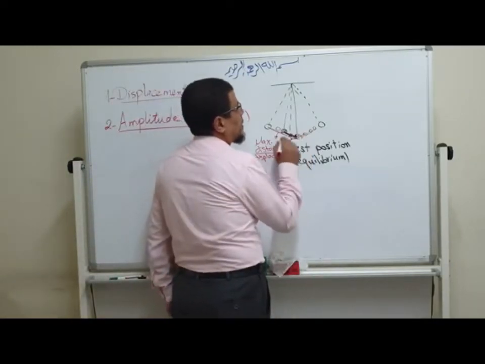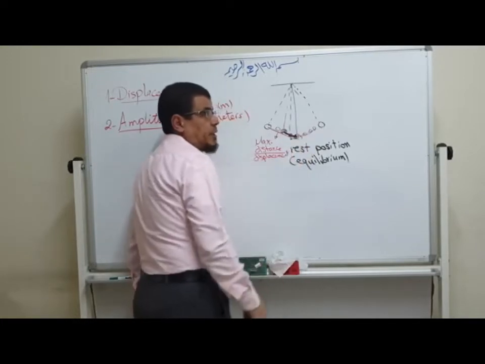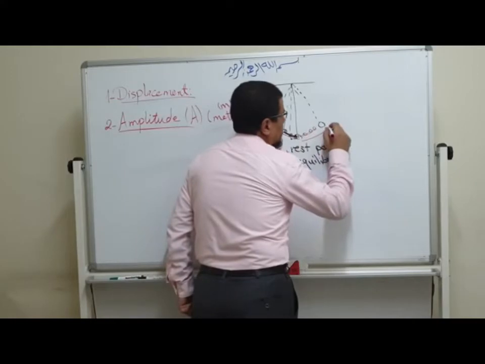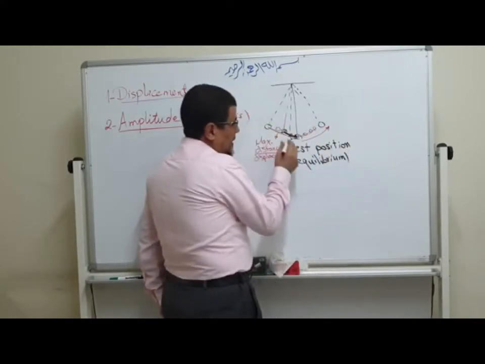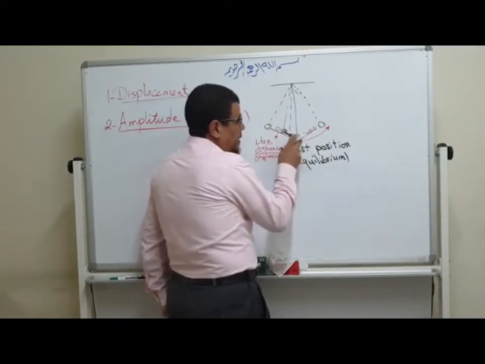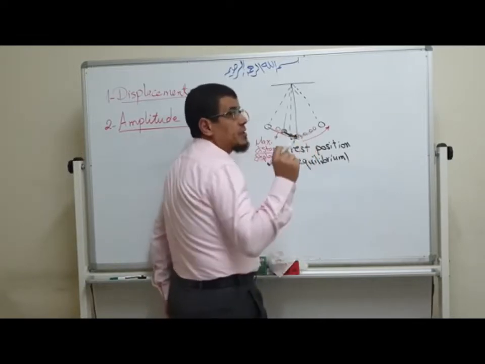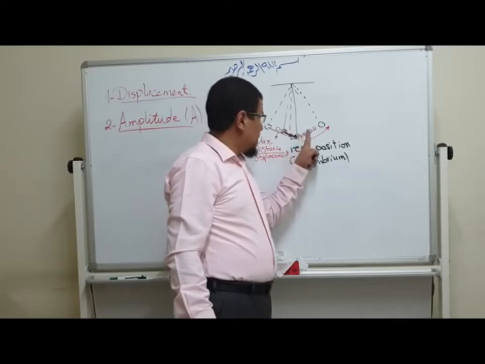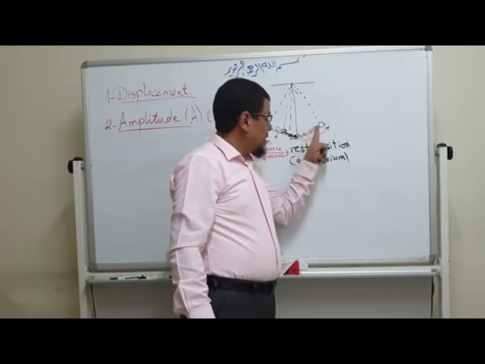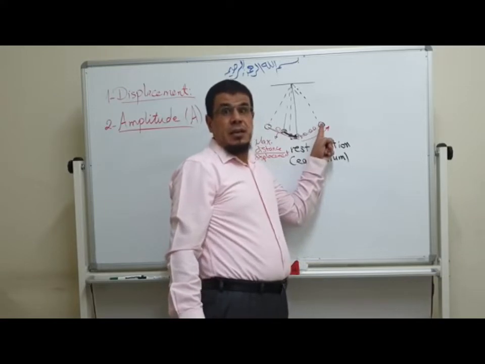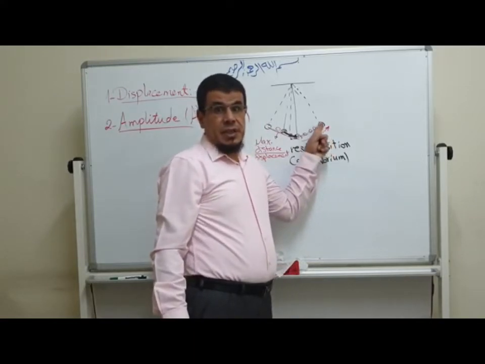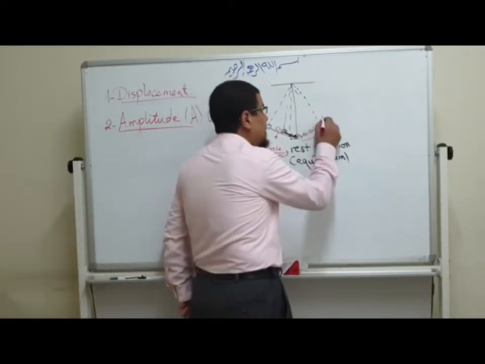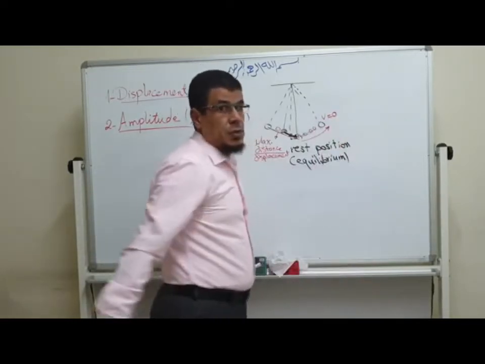When this pendulum moves from its rest position toward this point, for example, as it moves away from the rest position, its velocity or its speed decreases, decreases, till it reaches here. It stops here. When it stops, this means the speed here is 0.